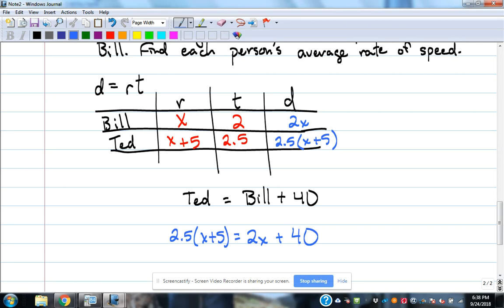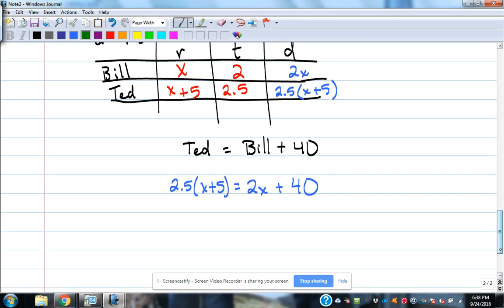From there, we solve that equation. How would you solve that equation? Yep, 2.5x plus 12.5, 2.5 times 5. And then we got 2x plus 40.